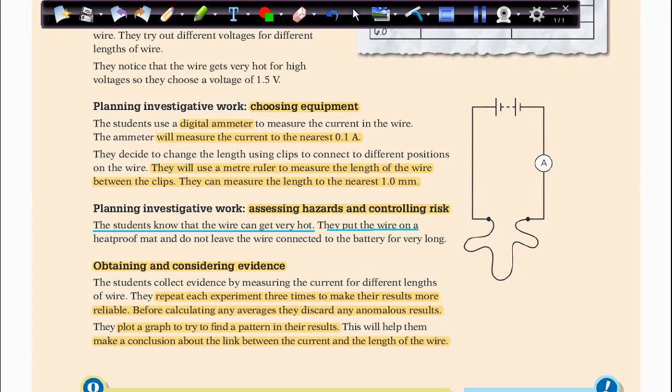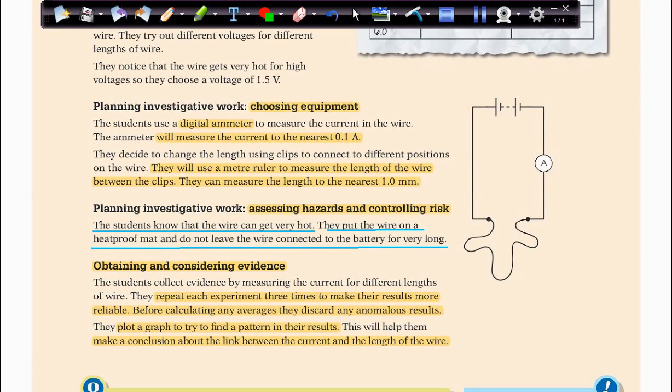They put the wire on a heat-proof mat and do not leave the wire connected to the battery for very long, because this can lead to burns. Sometimes if the wire gets so hot, the insulating layer will melt, and this can sometimes even cause a small shock with the battery if the battery is a strong voltage.